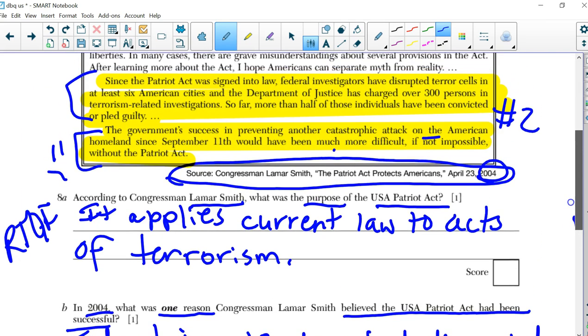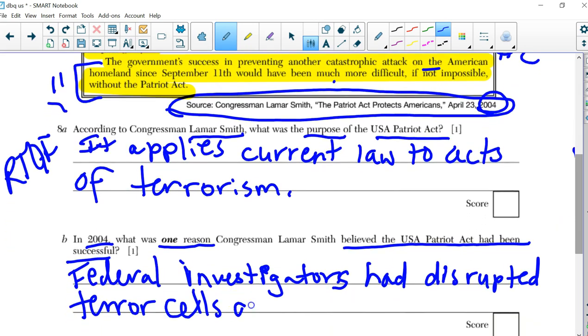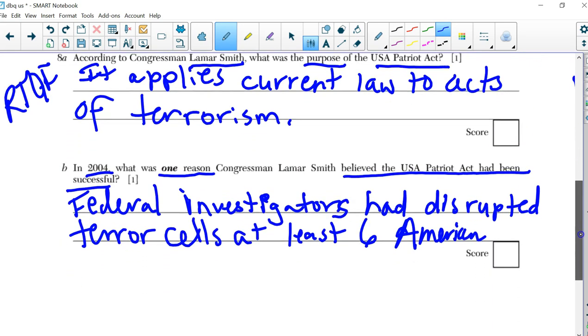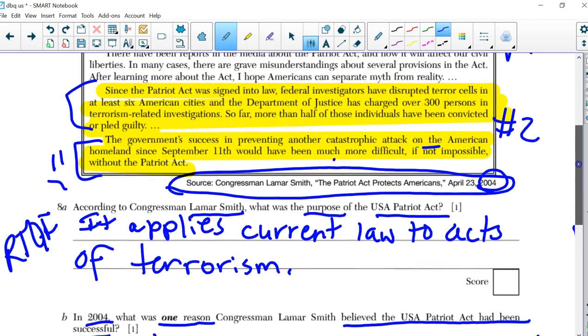Terror cells? Is that what it said? Yep. In at least 6 American cities. Oh my goodness. Real rough today. I write very big, especially on this thing. Cities. Period. Now, did they give you more than one reason?